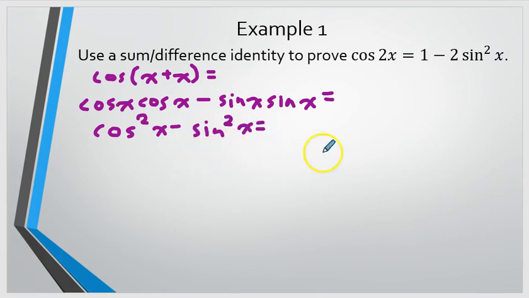The next step to recognize is that by looking at our target, what we're trying to get to, there aren't any cosines in this expression. And we still have a cosine squared here. So what we can do is apply one of our Pythagorean identities and replace cosine squared with 1 minus sine squared.